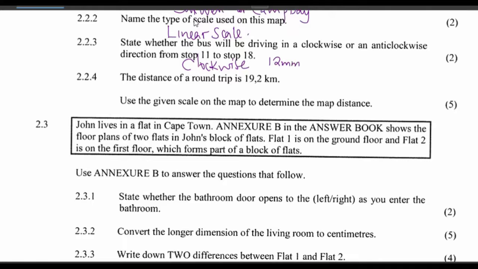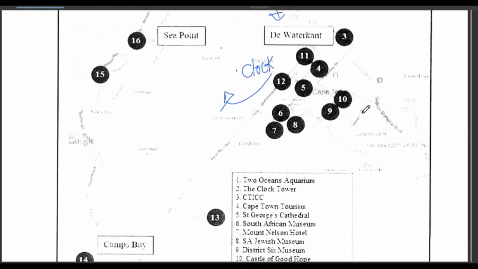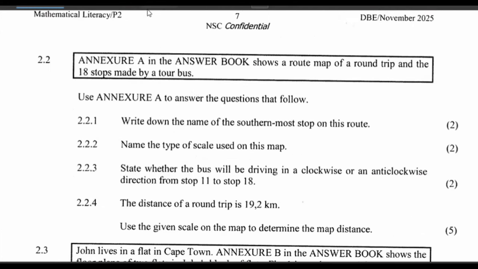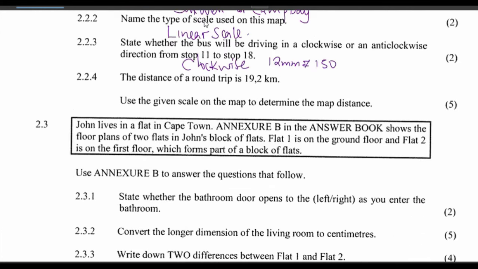So 12 millimeters are equivalent to 500 meters. You understand? If you measure that scale, this equals 500 meters.